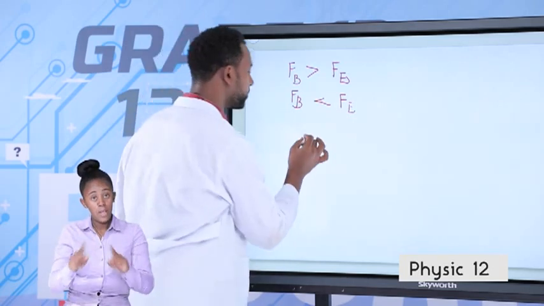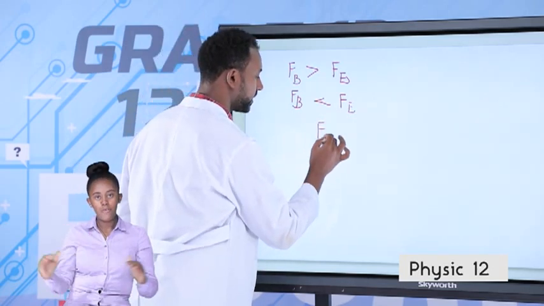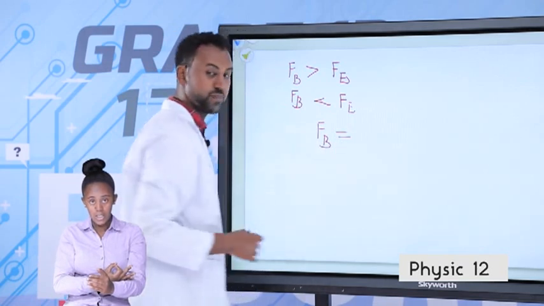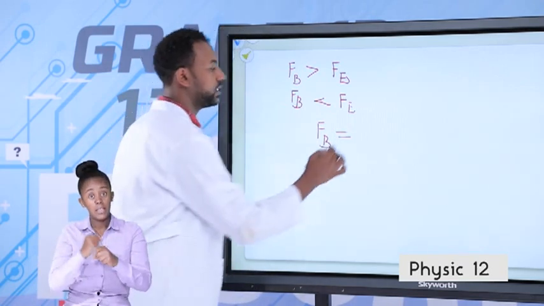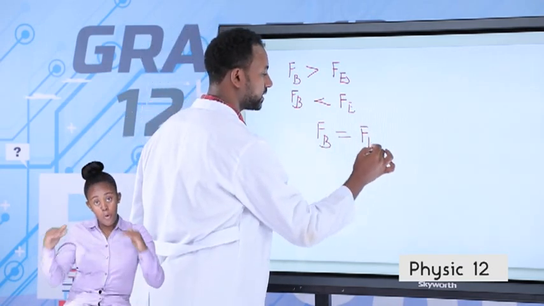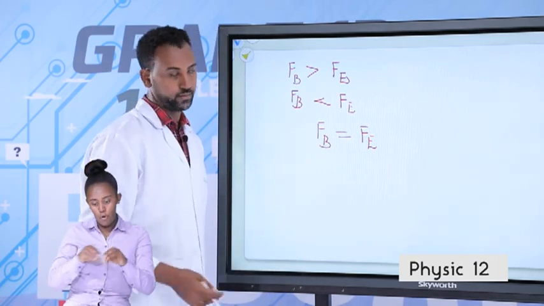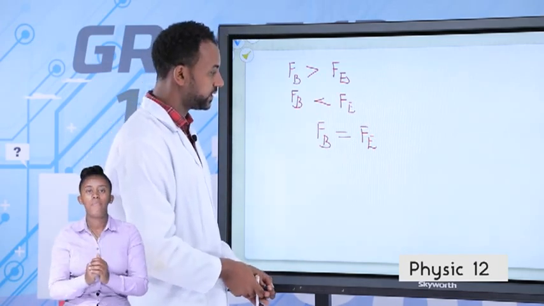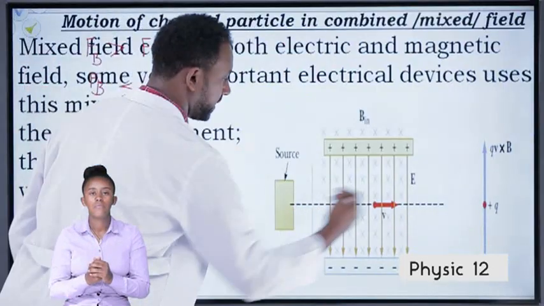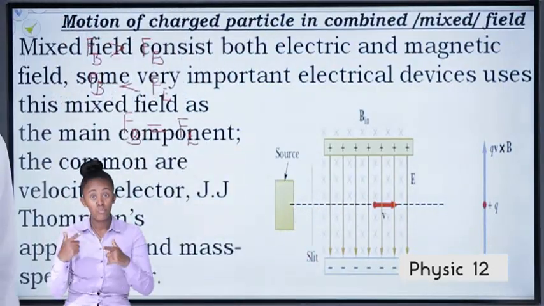But as these two are equal, the charged particle moves straight, as we have seen here, like this. At that moment, both forces are equal.